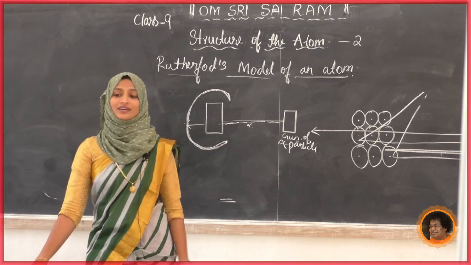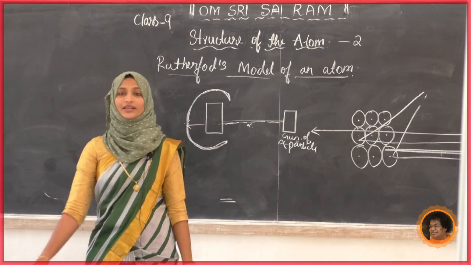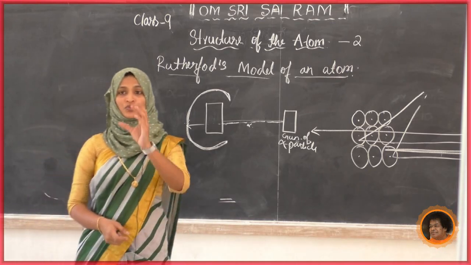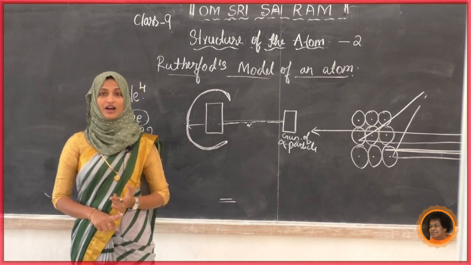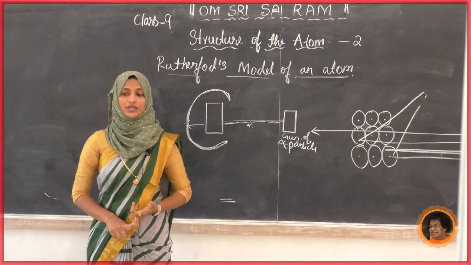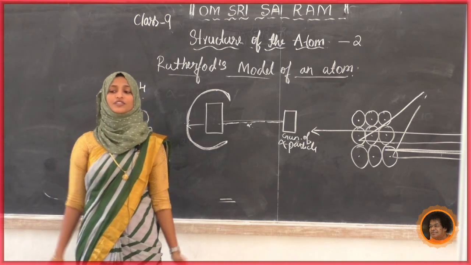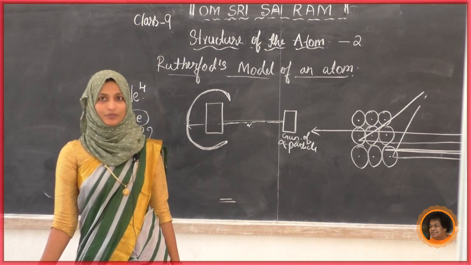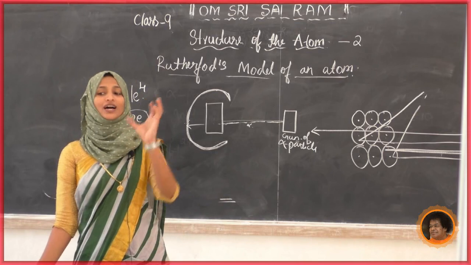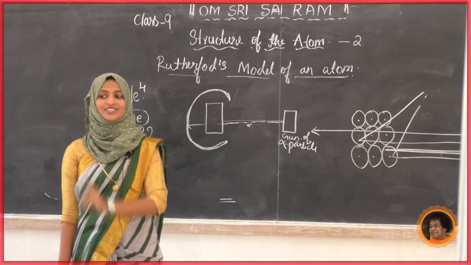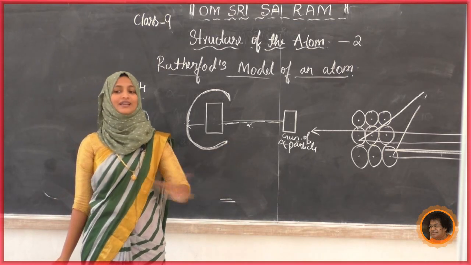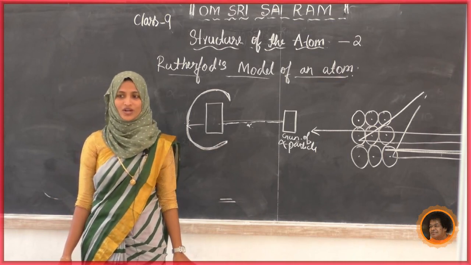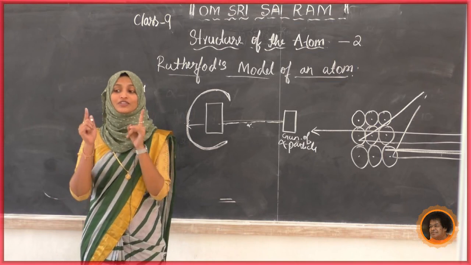So, what is he concluding? He is concluding that, write down the conclusion, students, very, very important it is. Observation already we have discussed and written. Conclusion: most of the space inside the atom is empty because most of the alpha particles pass through the gold foil without getting deflected.